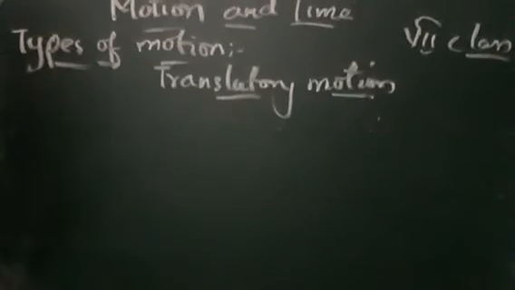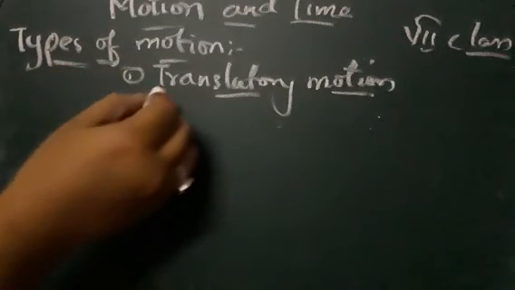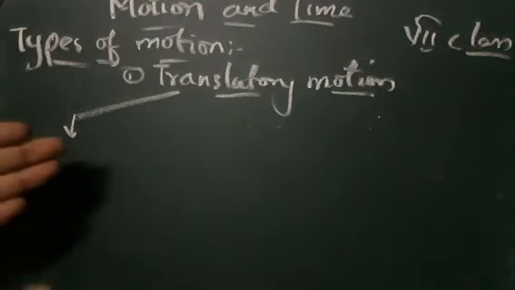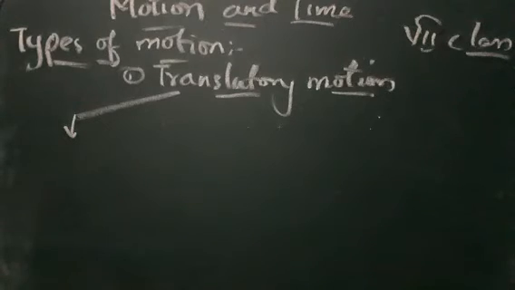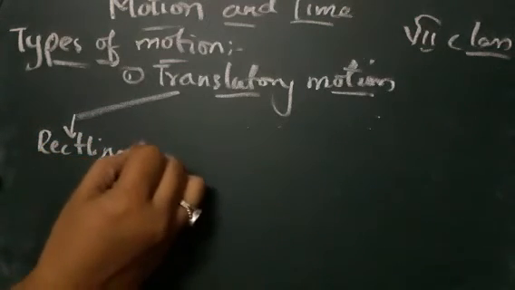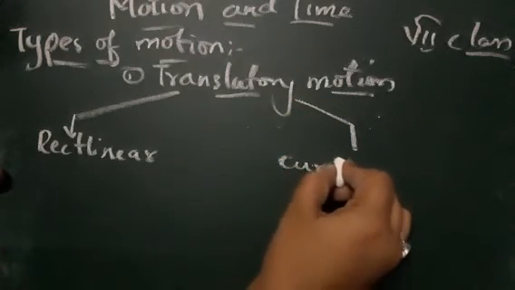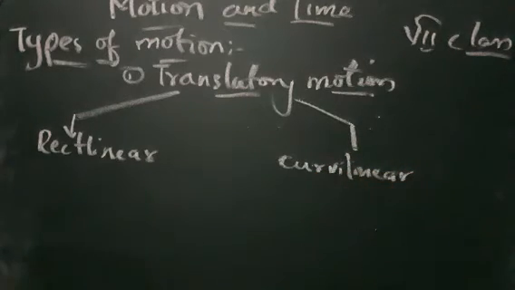As I said, the first type is translatory motion, where all parts of the moving body move in one direction, that is the direction of the motion. Then this is again of two types, rectilinear translatory motion and curvilinear translatory motion.